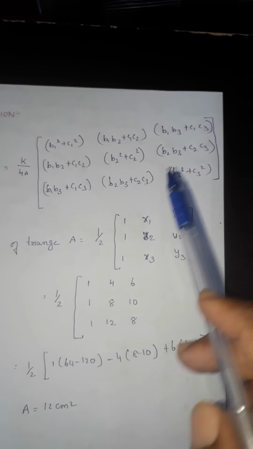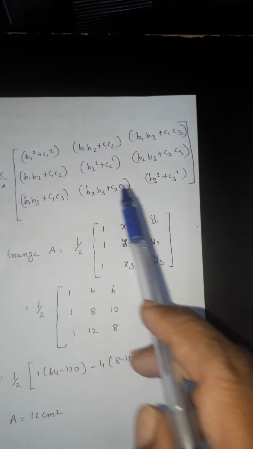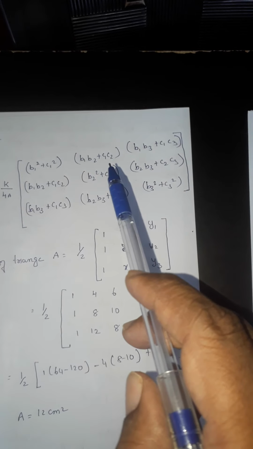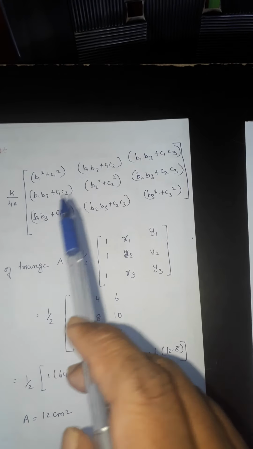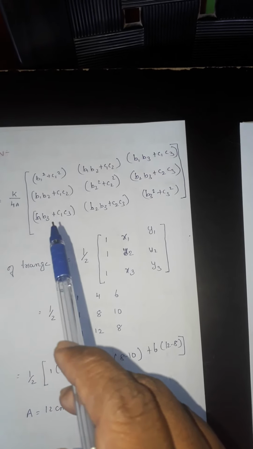So it is very easy to memorize, nothing to it. Diagonally see B1 B2 B3, so easily you can memorize it. And B1 B2 here, B1 B3 here, B1 B2 C1 C2, B1 B3 C1 C3, and B2 B3 C2 C3.